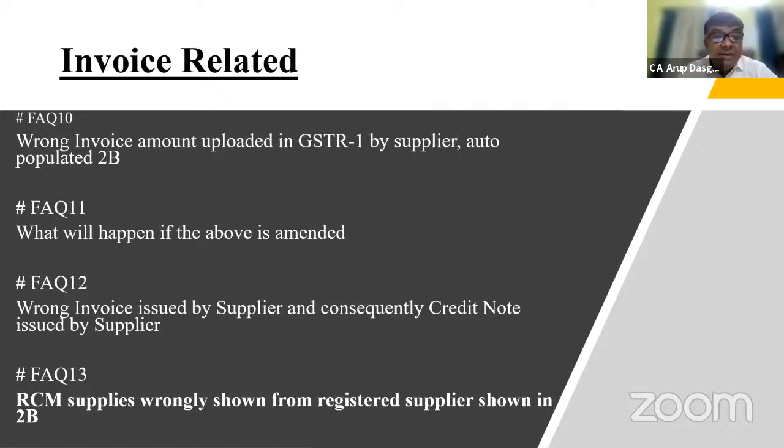Next is RCM supplies wrongly shown from registered supplier in 2B. So what is happening here? An RCM invoice is being raised by a particular person, and when he is raising the RCM invoice, he has just ticked there, tax payable under RCM. So when it is coming to you, it is coming as you have to pay the tax under RCM.